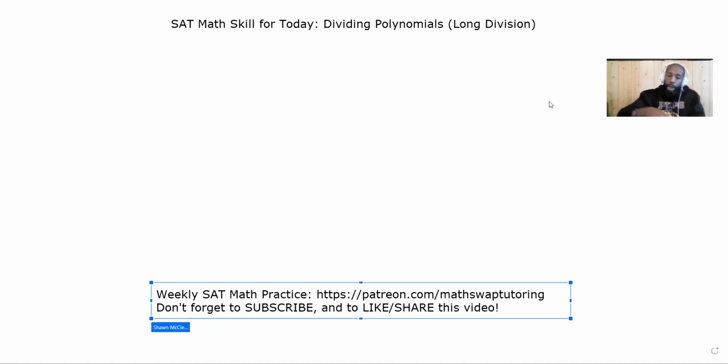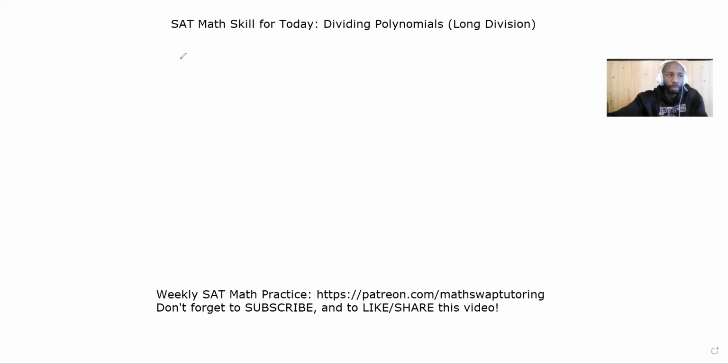First of all, think about this, and this is the way that division typically works anyway, but we're going to apply it to polynomials. If you have a polynomial, which we call P of X, and you divide it by a binomial like X minus A, that's going to be equal to some quotient.